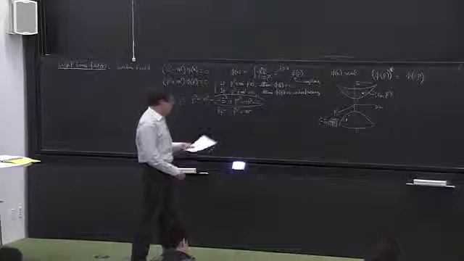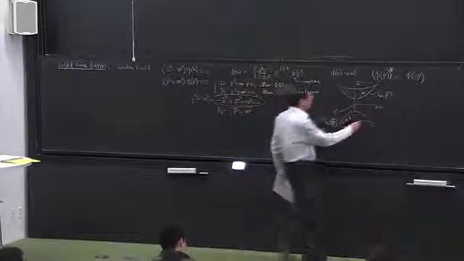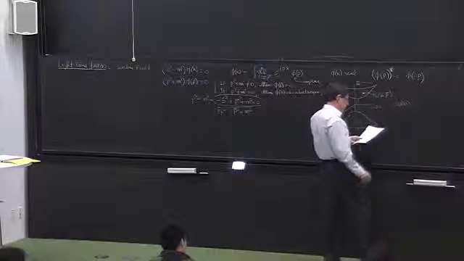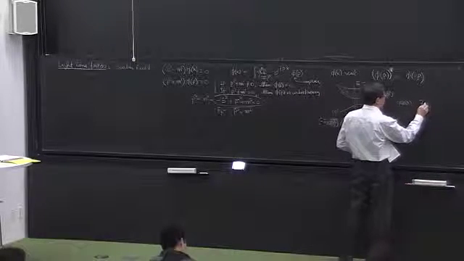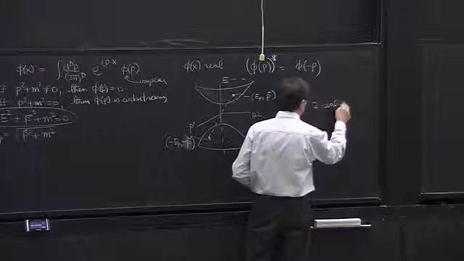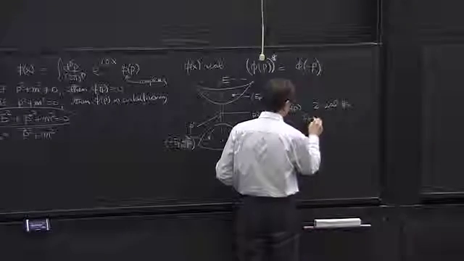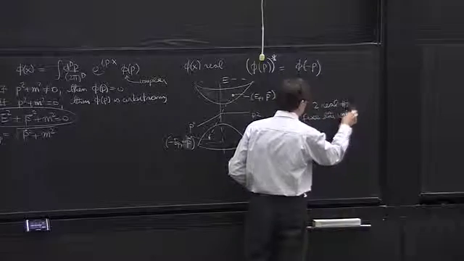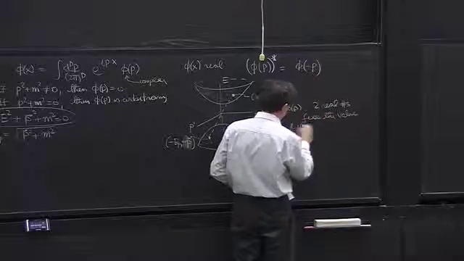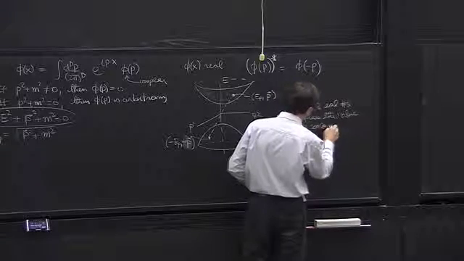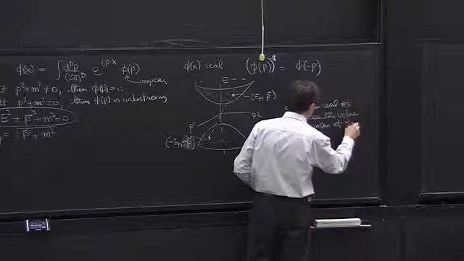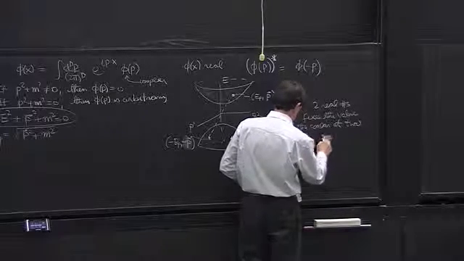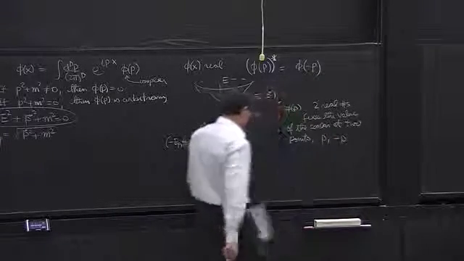Another way of saying it is that φ(p), if you have some fixed p, is two real numbers and fixes the value of the scalar at 2 points, p and −p.